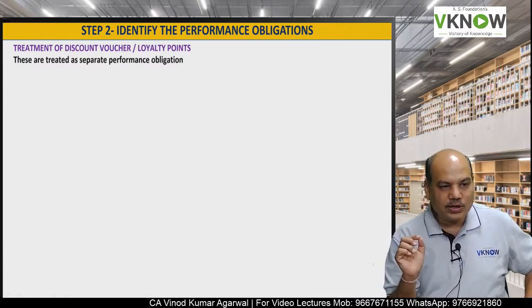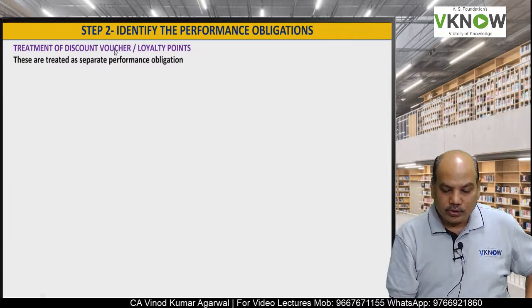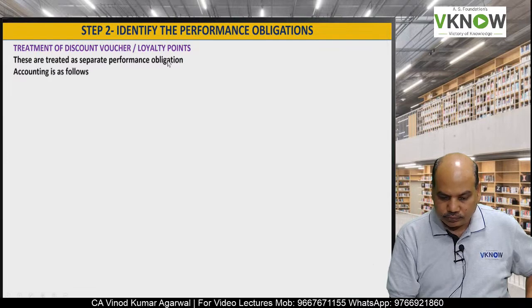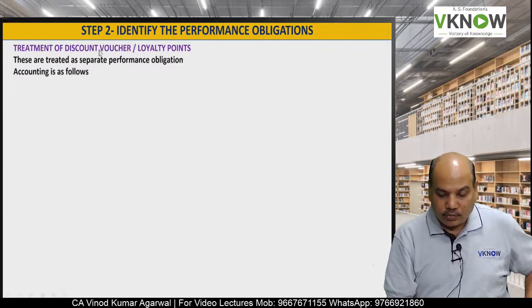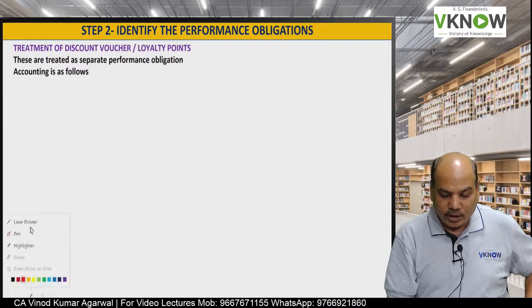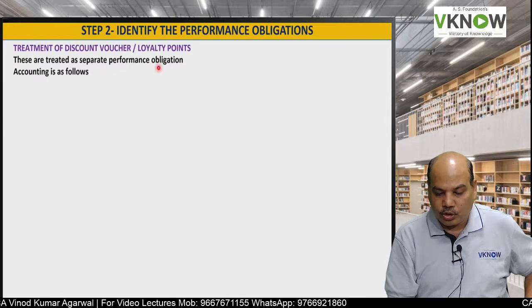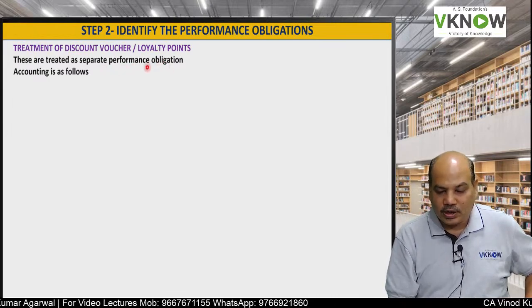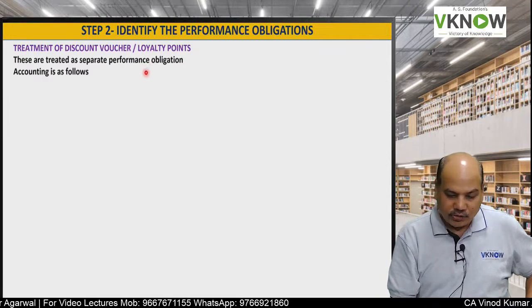I have made a small summary, very useful to you. These are treated as a separate performance obligation. Even when the entity gives a discount voucher or loyalty points, it will be treated as a separate performance obligation because you are promising to supply goods or service at a later date at a discount.